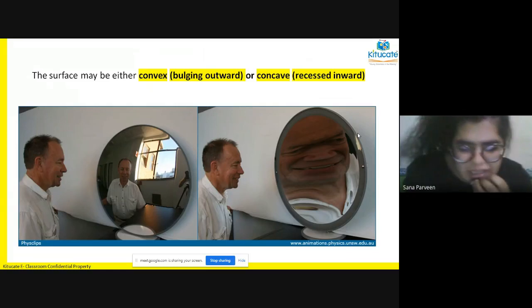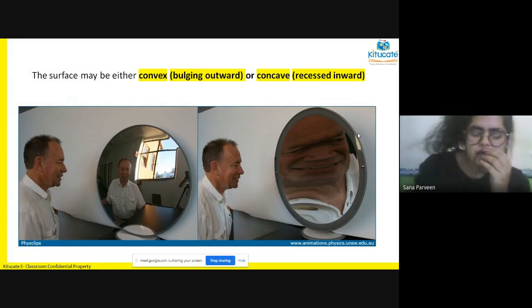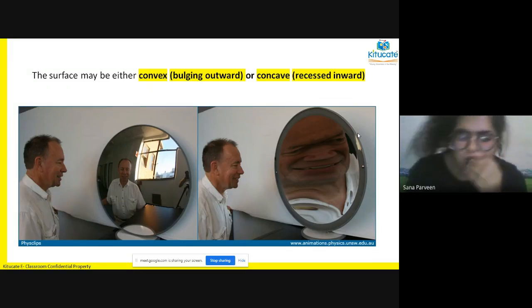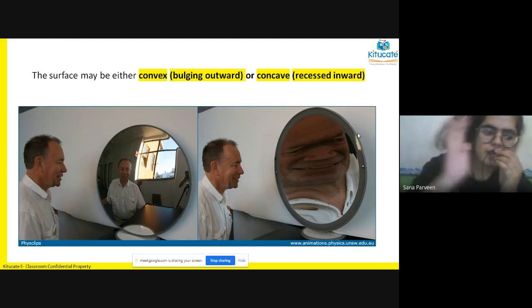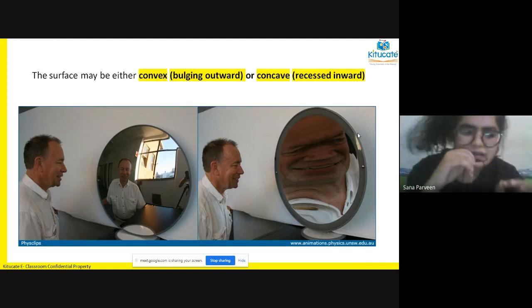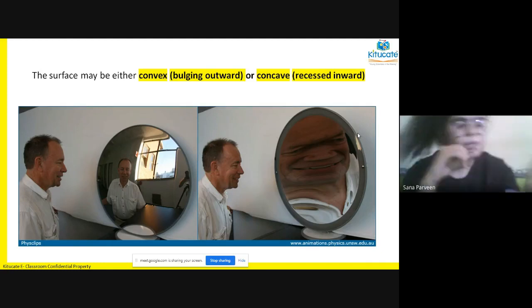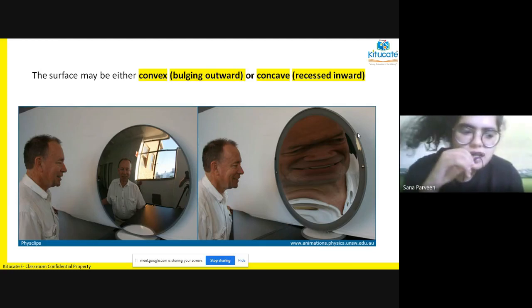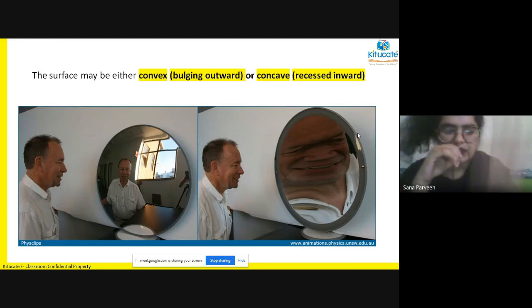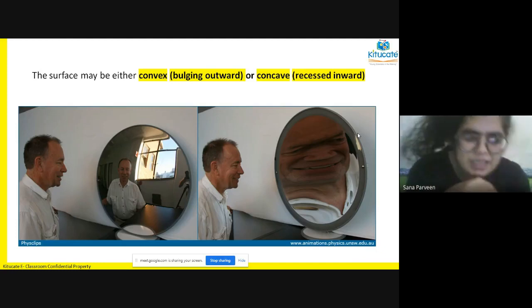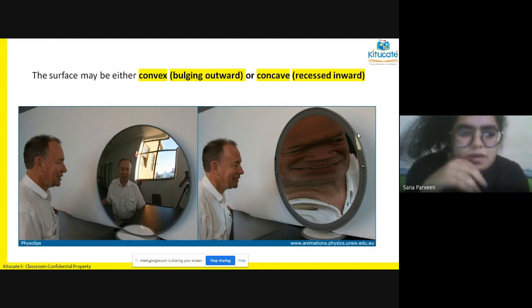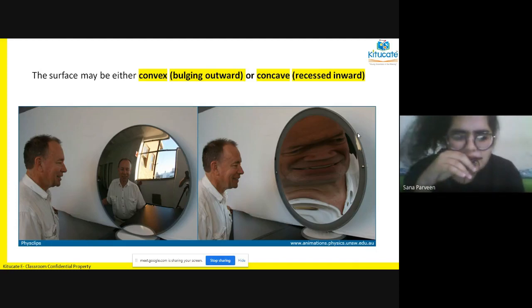Now there is this uncle standing in front of two different mirrors, and to your surprise you will see the uncle appearing different in different cases. When the uncle wants to see himself in his house, normally which mirror will he use? He will use a plain mirror, right? When you touch it you can feel this is very plain. But accidentally the uncle came across two different types of mirrors.